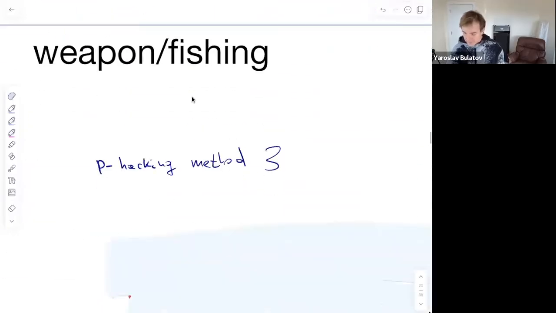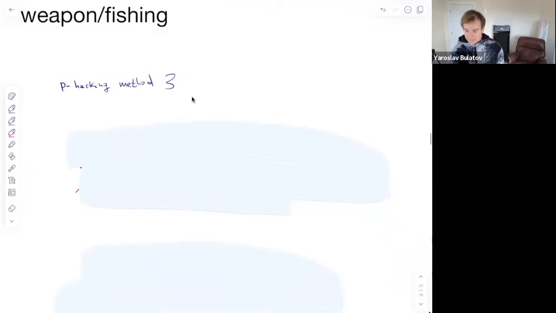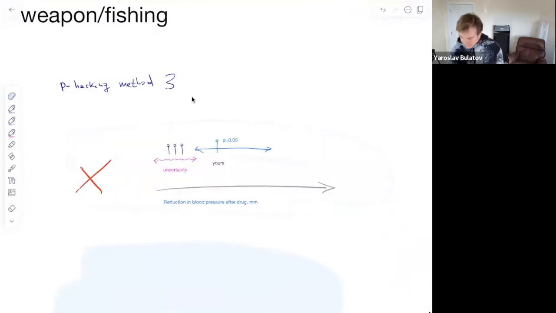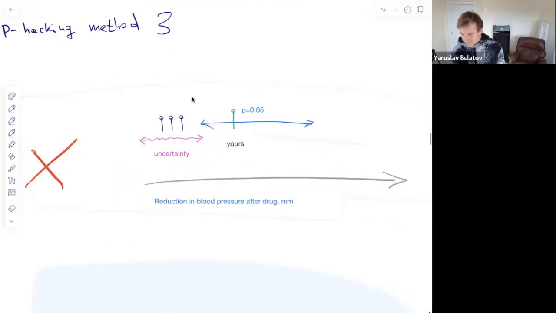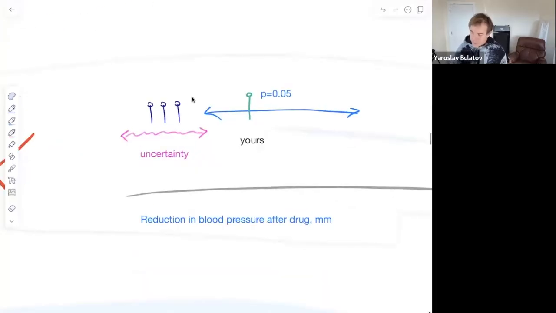And another way this p-hacking works is, okay, this is a more subtle one. Sometimes it's hard to see p-hacking because there are many ways of doing it. One example is this distance that you need to clear. It depends on the spread in your placebo effect.